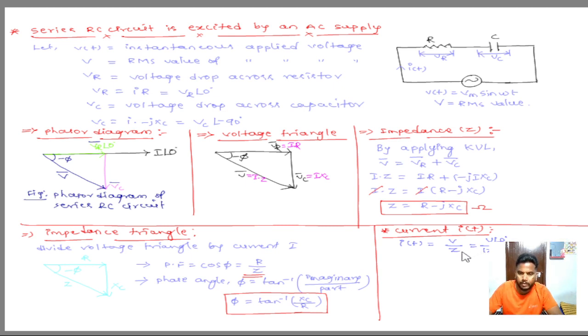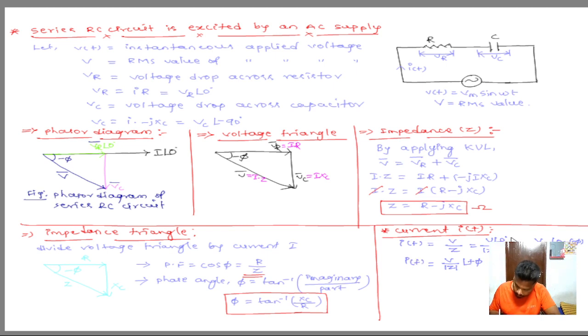Mod Z is the magnitude of the impedance and phi is the phase angle of the series RC circuit. From this I am writing V by mod Z, and the denominator angle goes to the numerator, minus of minus phi. Therefore I is equal to V by mod Z at an angle plus phi.